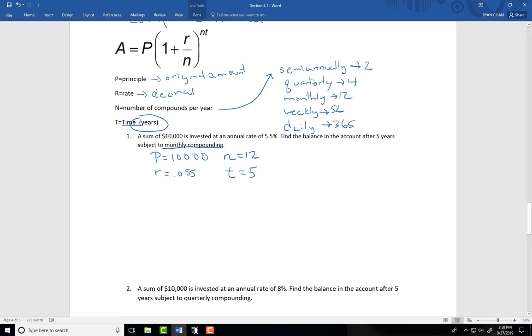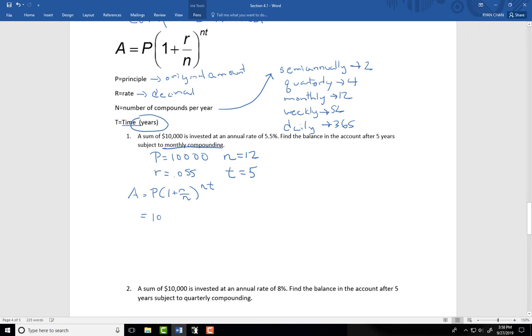Now, I have my formula right here. A is equal to P times 1 plus R over N raised to the NT. And so the idea is we're just going to plug everything in.